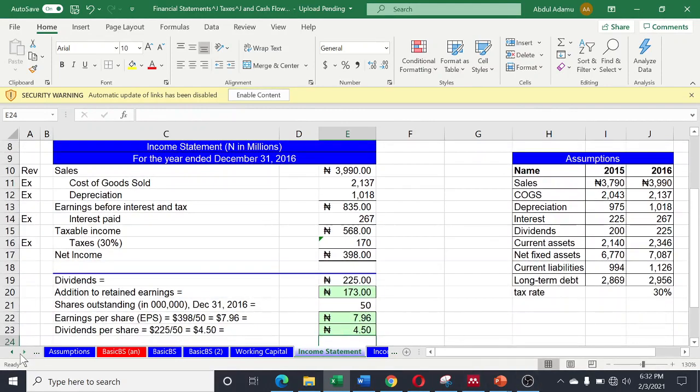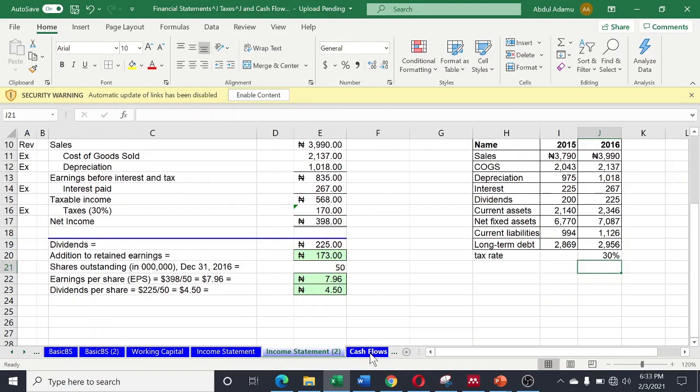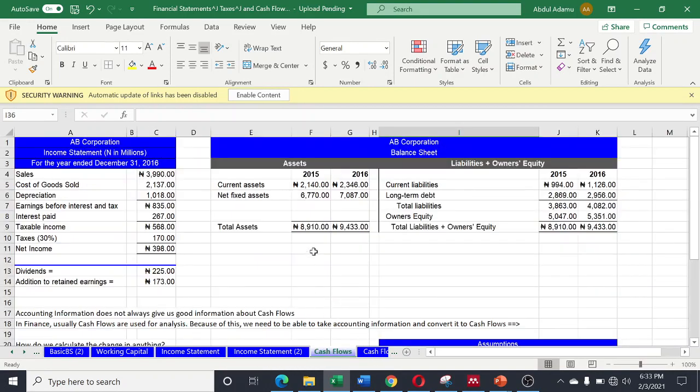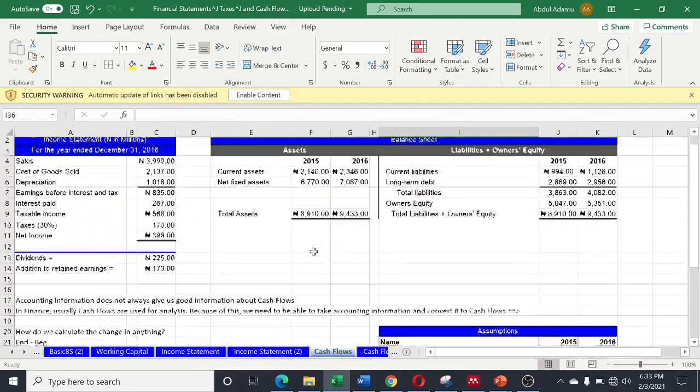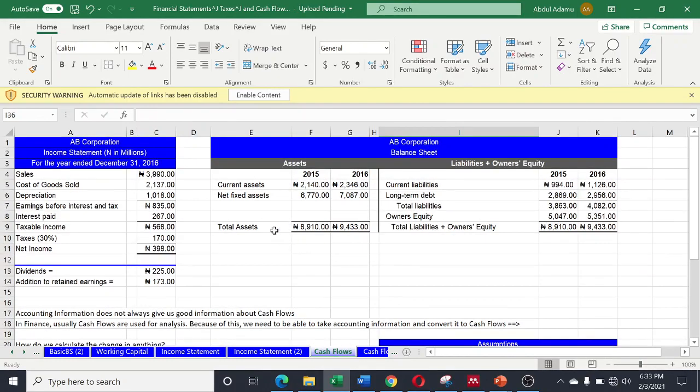So the next thing we are going to look at now is cash flow. For cash flow, we are going to calculate cash flow from assets. Cash flow from asset is equal to cash flow to creditors plus cash flow to shareholders.